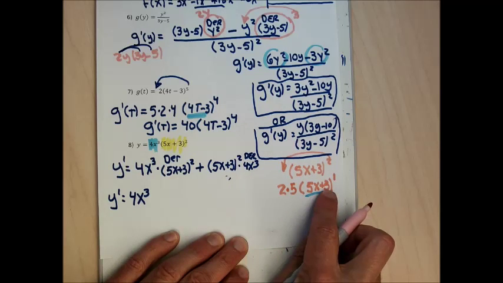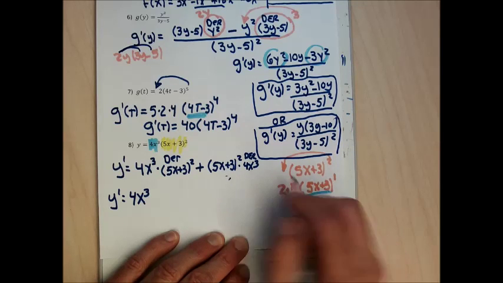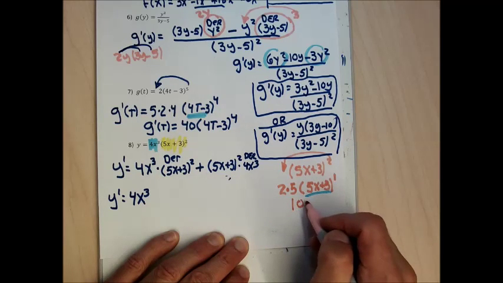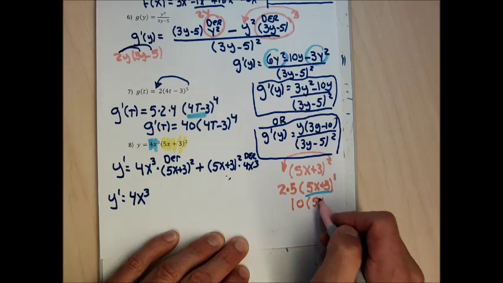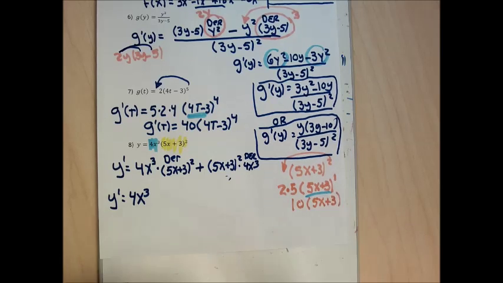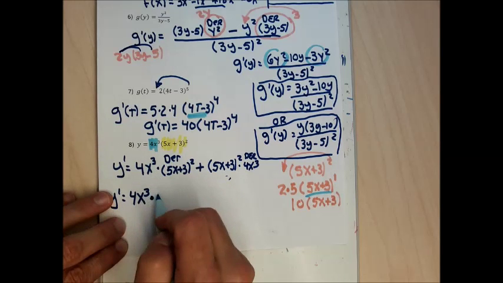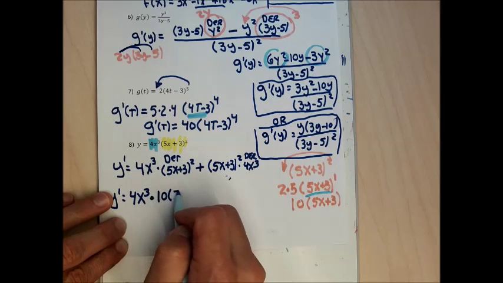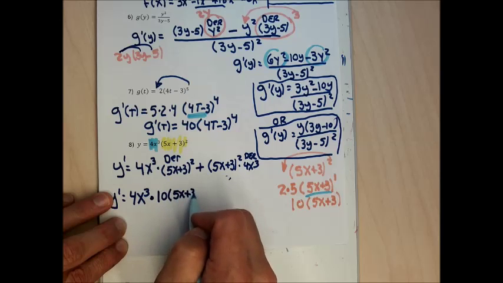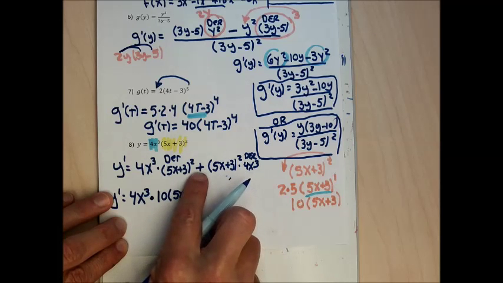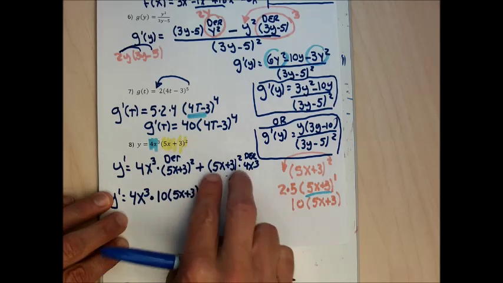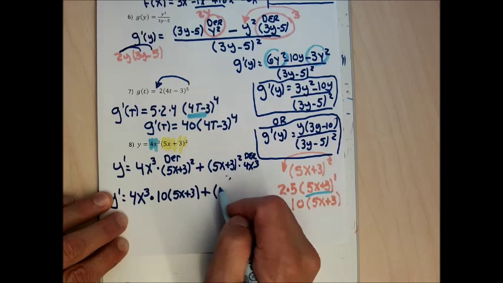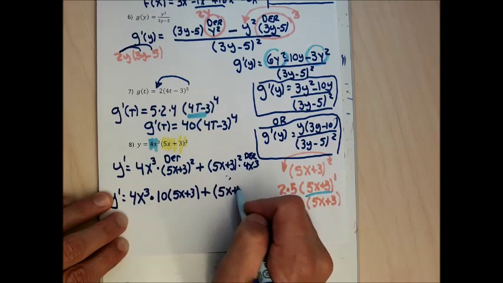The derivative of the 3 inside the parentheses is 0. So the derivative of 5x plus 3 squared is going to be 10 times 5x plus 3 to the first. That's what I'm going to write right next to my 4x cubed. I'm going to write 10 times 5x plus 3 to the first. I'm going to bring this plus sign down. I'm going to bring this 5x plus 3 squared down.